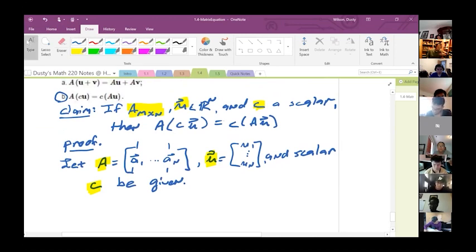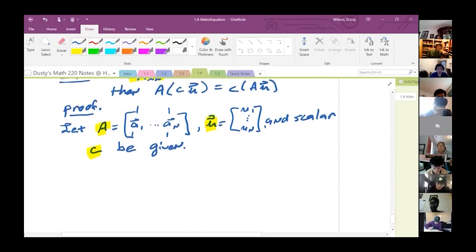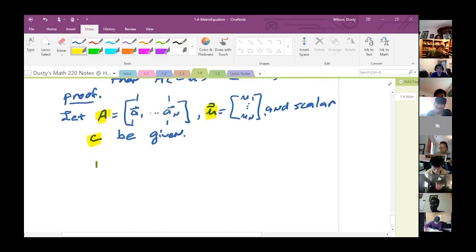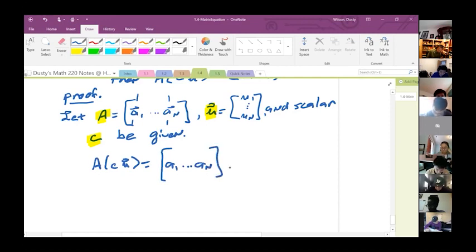So we're going to start on the left side and work our way to the right side. So we have that A(cu) equals A times parenthesis, and then I've got cu, which would be c times u1 to un.